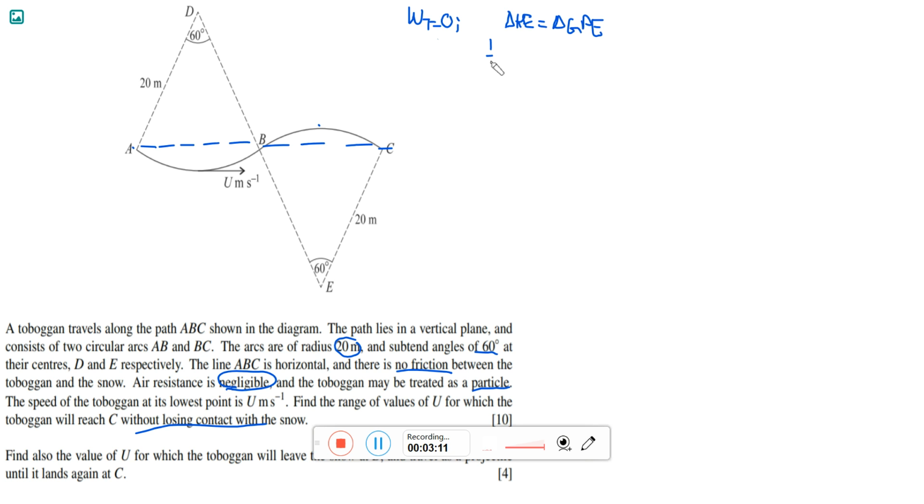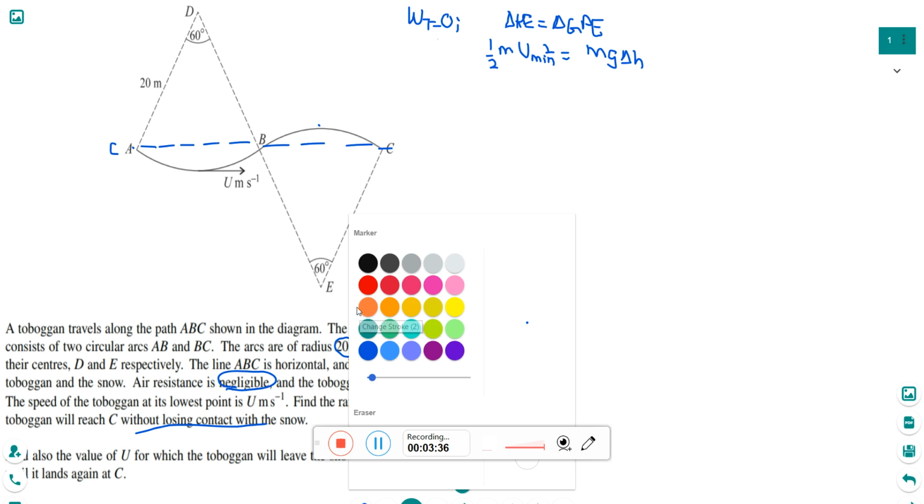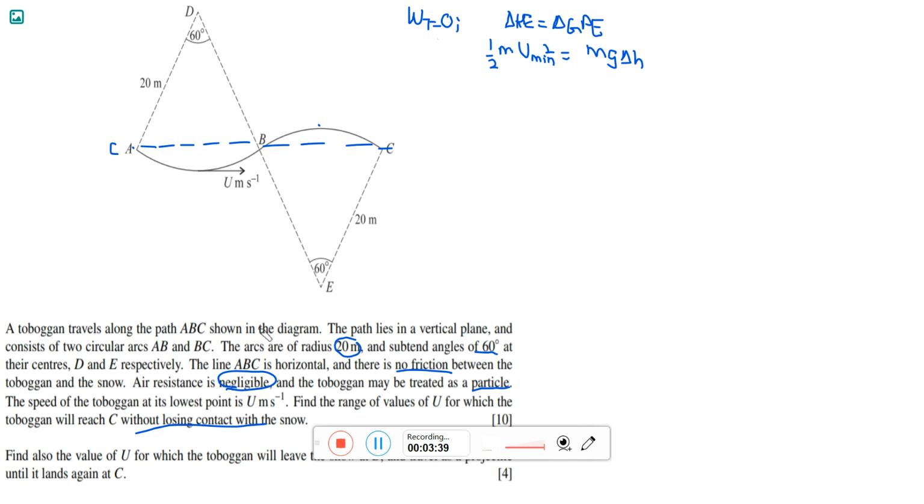So I would say that half the mass of the toboggan times u minimum squared is equal to mg delta H. Here you can assume that this is considered as delta H.